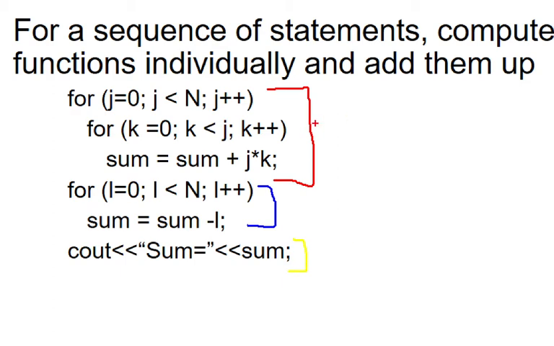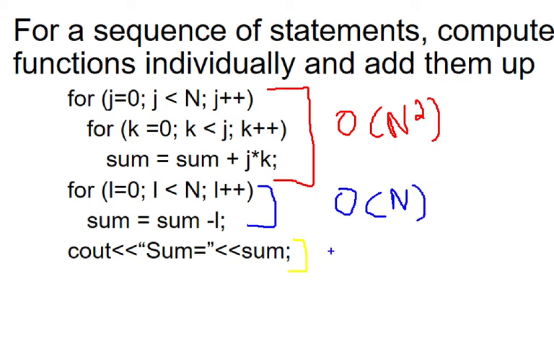So this segment of the code has 2 loops, so it is going to be order of n square, right? This piece of code has 1 loop, so it is going to be order of n, and this is a constant time statement, so this is going to be order of 1.